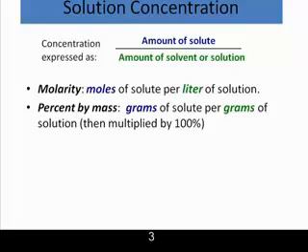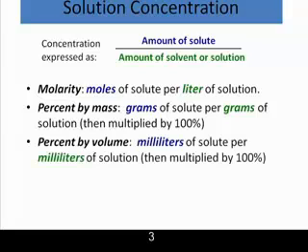Molarity you should be familiar with. It has a little bit of that in Chapter 11, but if you need a review, it's back in Chapter 4. Then we have percent by mass, which is just like any percent: grams of solute per total grams times 100. Percent by volume is the same: volume of solute per total volume times 100.